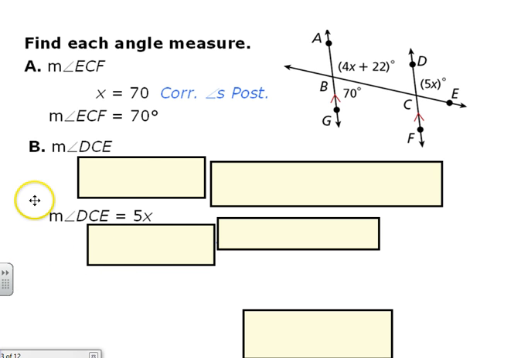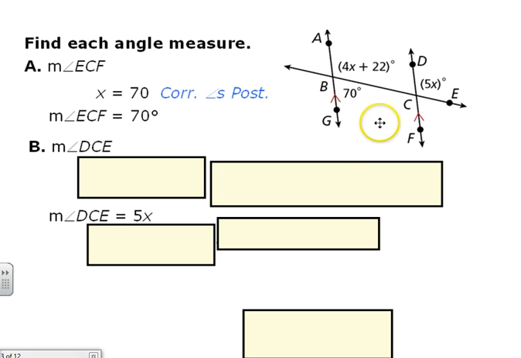Yes, of course. Now, measure of DCE, and please consider using your pencil or an eraser to trace what you're actually looking at when you have a complex figure like this. So DCE, that's 5x. What would that be corresponding with?